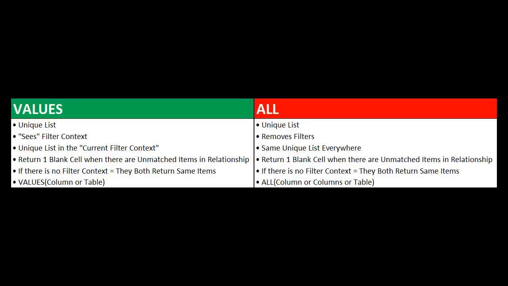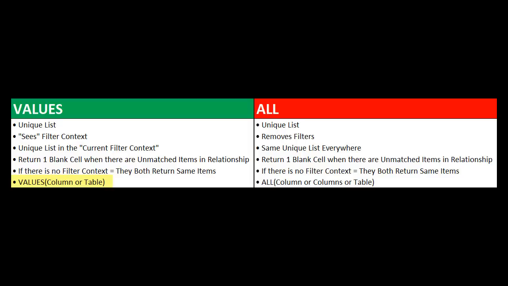Now, if we compare and contrast values and all, both of them create unique lists. Values sees the current filter context, whereas all removes the filters. Each will return one blank cell when there are unmatched items in the relationship. And if there's no filter context, they'll both return the same items.